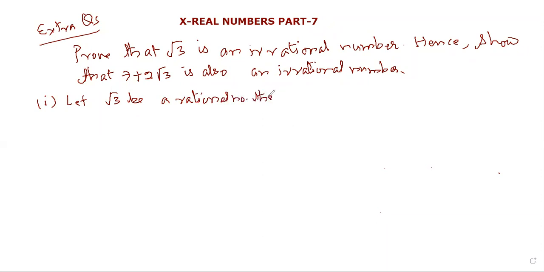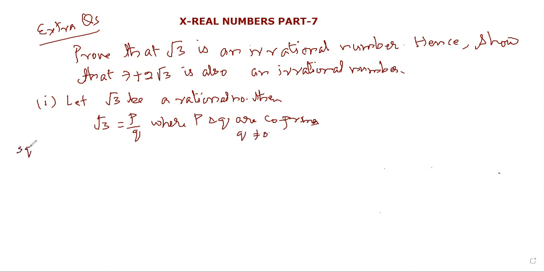Then root 3 can be written as P upon Q, where P and Q are co-primes and Q is not equal to 0.